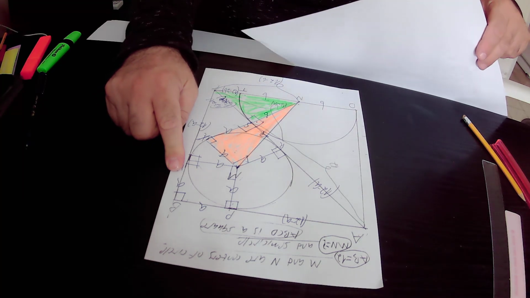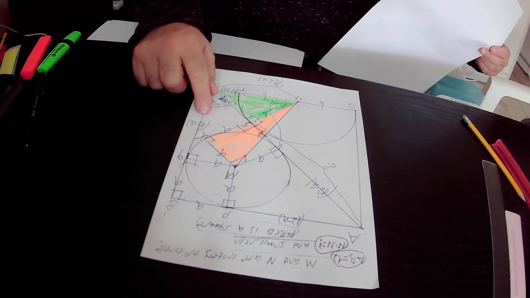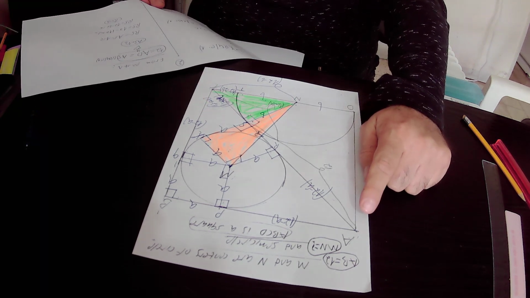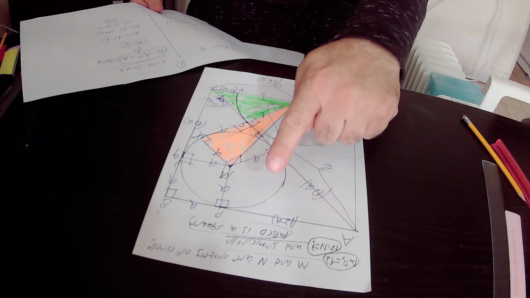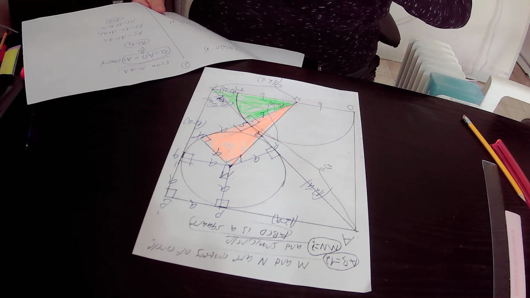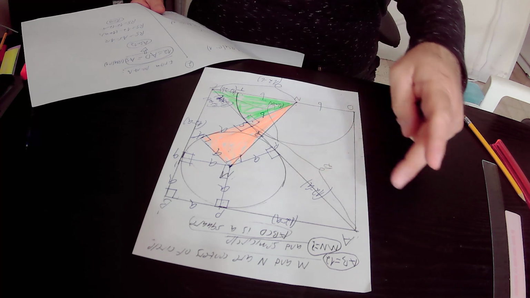Then at point A, we have tangent AP to this circle and tangent AR to this circle. And according to rule number 1, the lengths of those two tangents will be equal to each other.